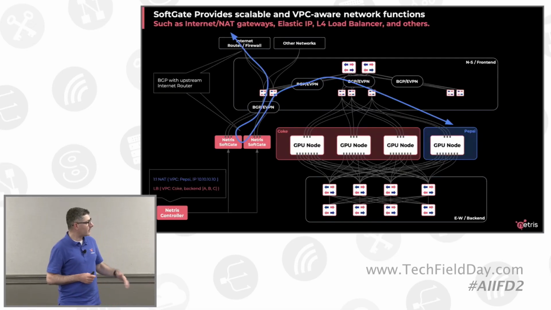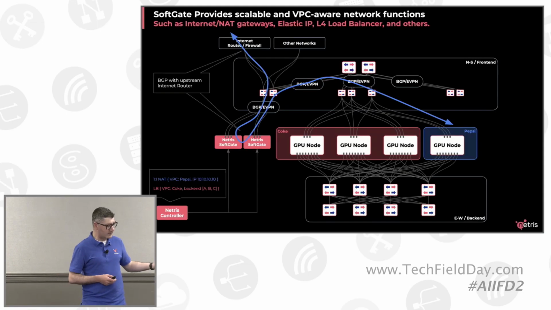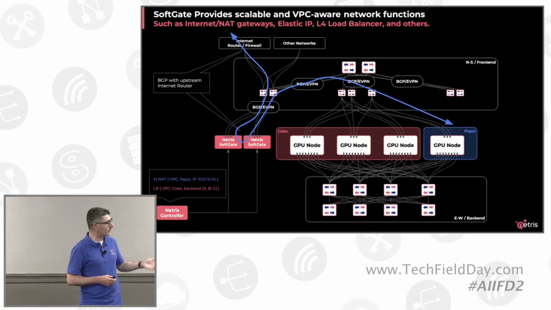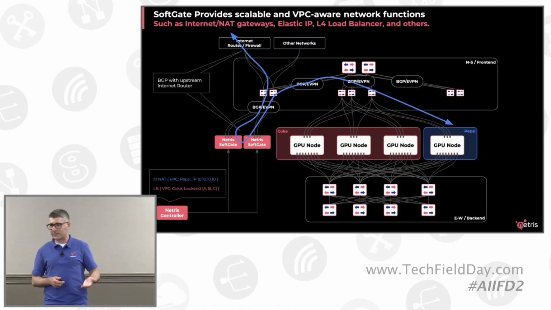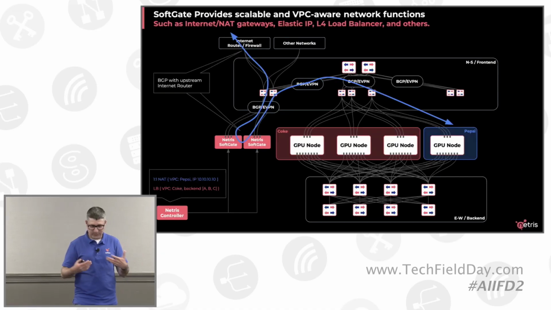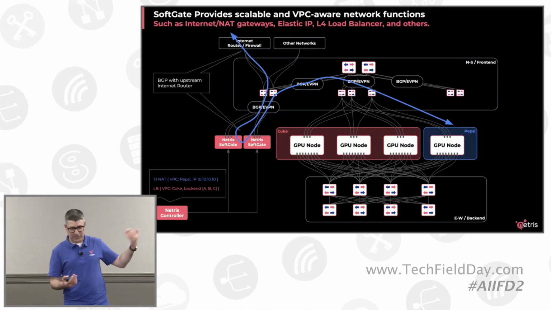That way, SoftGate has access to the internet. SoftGate can terminate some public IPs. And when a cloud provider or their customer is requesting an elastic IP or elastic load balancer, SoftGate can pick an IP from its pool, and that IP is visible on the internet. And the traffic coming on that IP can be serviced by SoftGate and load balanced further towards one of the tenants.